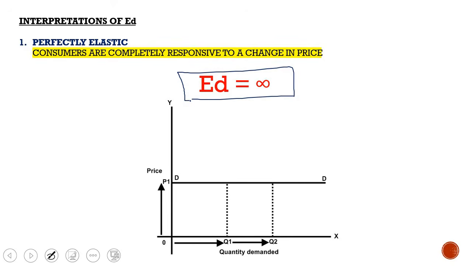For example, if price increased from P1 to P2, so it's going to move up, either way you're going to have the same quantities being demanded.